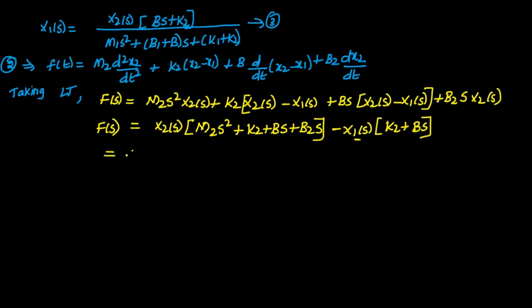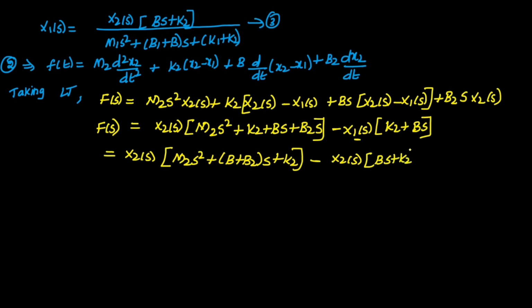What is the answer? x2 of s into, I am rearranging these terms, that is m2 s square plus b plus b2 into s plus k2 minus, what is x1 of s? x2 of s into bs plus k2 divided by m1 s square plus b1 plus b into s plus k1 plus k2 into this variable, that is k2 plus bs.